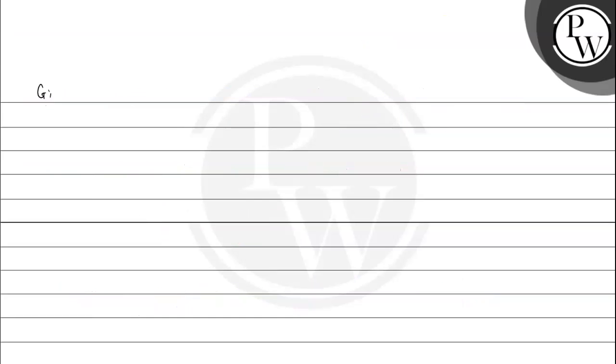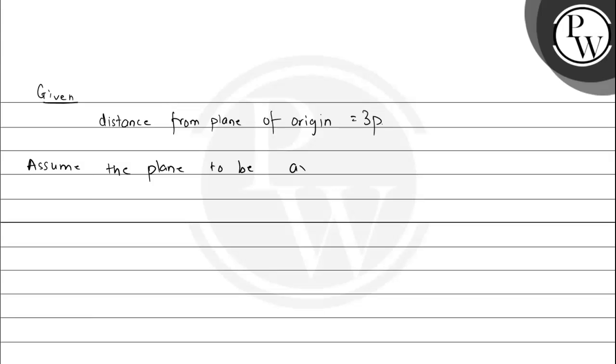In the problem, we have been given that the distance of the plane from the origin is 3p. So we'll assume the plane to be ax plus by plus cz plus d equal to 0.